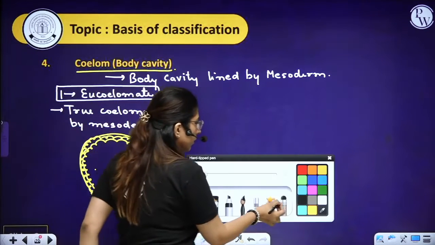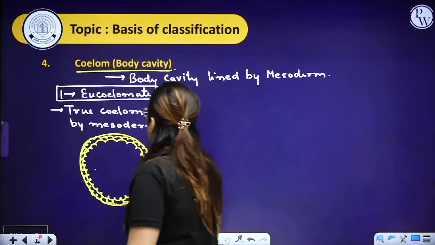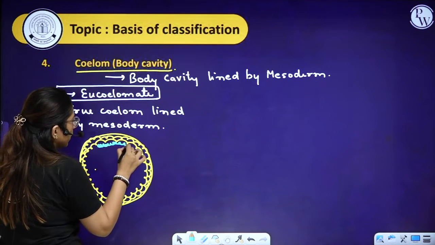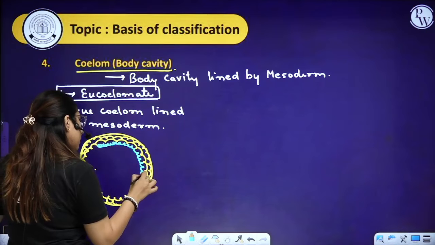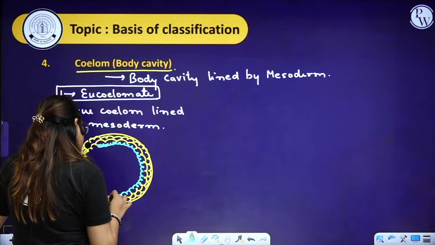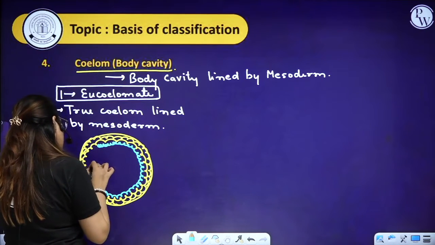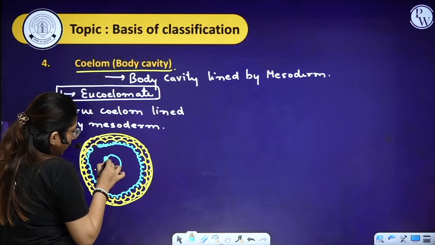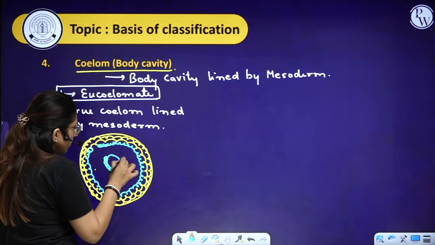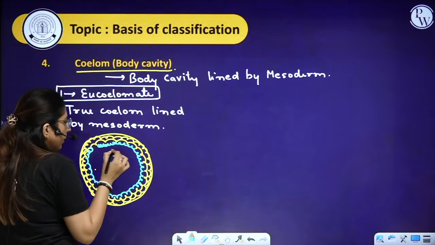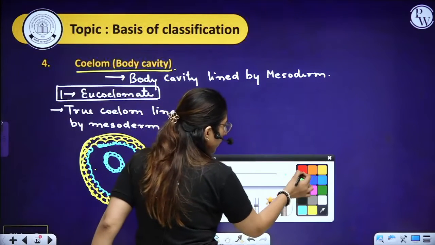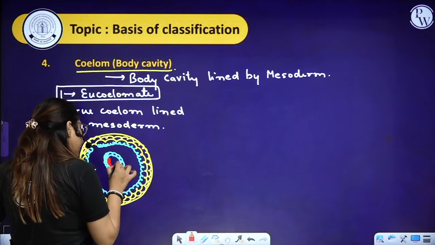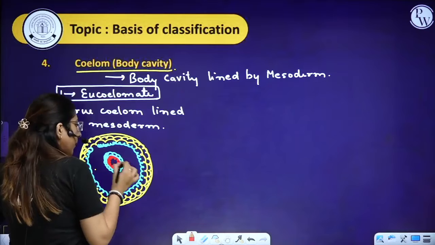Now, the next layer is termed as mesoderm. So here this is a gut. Here also mesoderm is present. Now, here just lining the gut we have the endoderm.